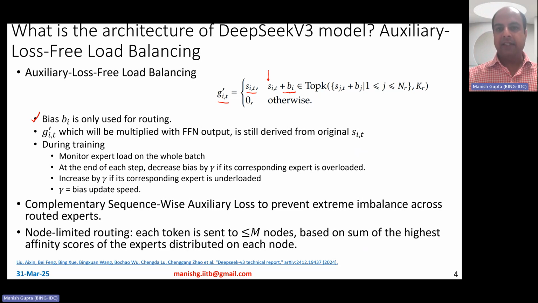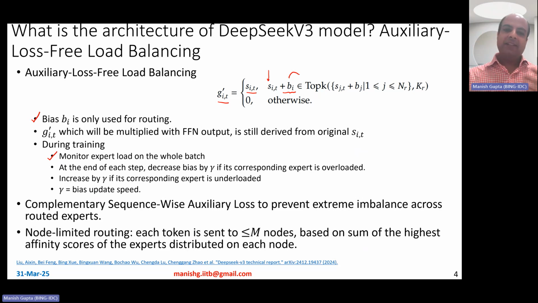During training, which is where this BI is very useful, you monitor the expert load on the whole batch, like you do in typical load balancing methods for a mixture of experts. At the end of each step, you decrease BI by a factor gamma if its corresponding expert is overloaded. But if the expert is underloaded, then you increase BI by gamma.